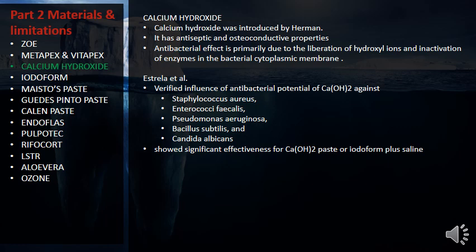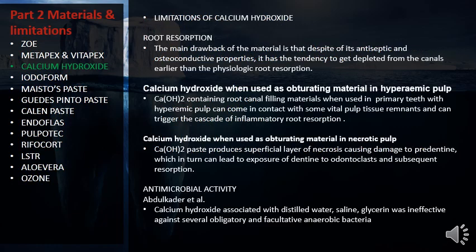According to Estrella et al., the antibacterial potential of calcium hydroxide was verified against Staphylococcus aureus, Enterococcus faecalis, Pseudomonas aeruginosa, Bacillus subtilis, and Candida albicans. It shows significant effectiveness for calcium hydroxide paste with iodoform plus saline.